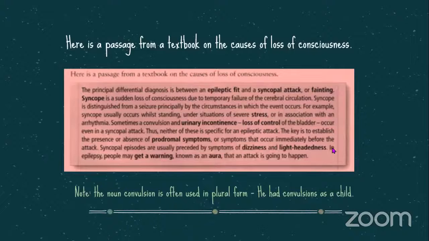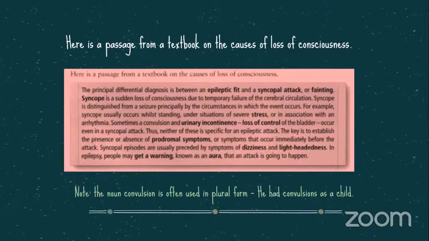Sergio, could you read this part, please? Yes, sure. Here is a passage from a textbook on the causes of loss of consciousness. The principal differential diagnosis is between an epileptic fit and a syncopal attack or fainting. Syncope is a sudden loss of consciousness due to temporary failure of the cerebral circulation. Syncope is distinguished from a seizure principally by the circumstances in which the event occurs. For example, syncope usually occurs whilst standing, under situations of severe stress, or in association with an arrhythmia.